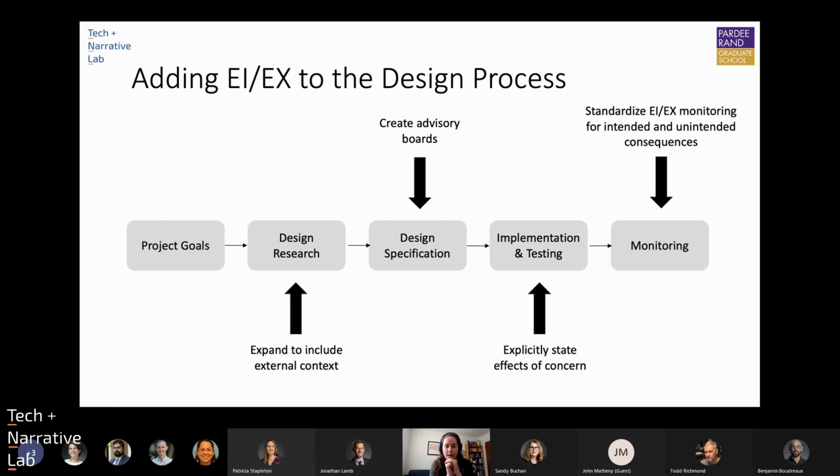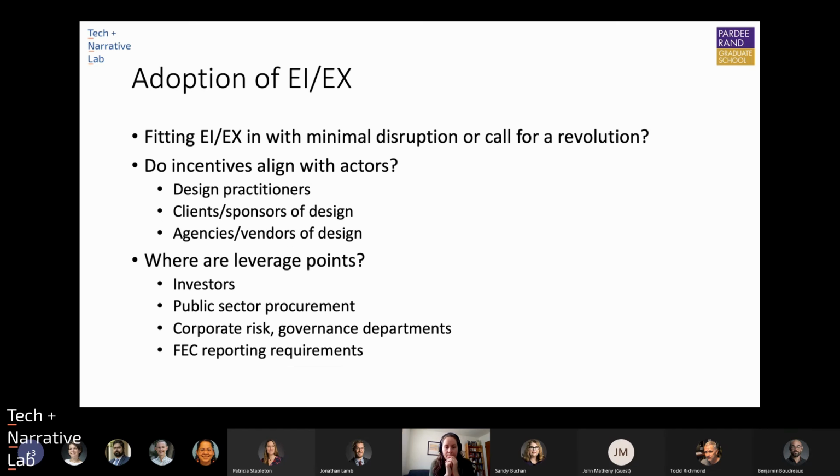And on the next slide, which is the last one for this group, we did some thinking just about the adoption of EIEX and how it would fit in with how technology is currently designed, implemented, and adopted.